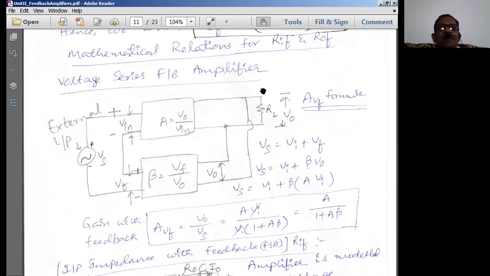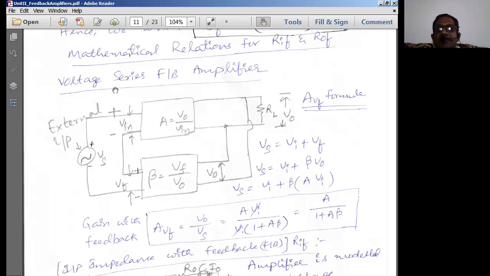So output sampling is voltage, and at the input we are applying series mixing. Since the output sample is a voltage, we get a voltage from a voltage source. Now for an ideal voltage source, what is the internal resistance? It is 0. Therefore, the output resistance of the amplifier should tend to 0 for a voltage sample.